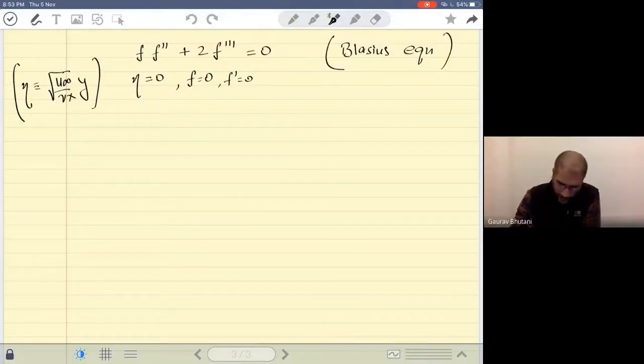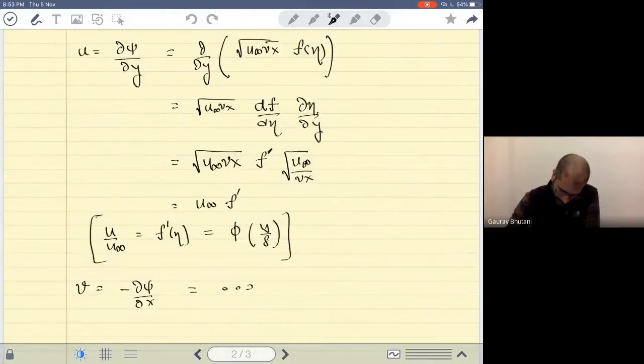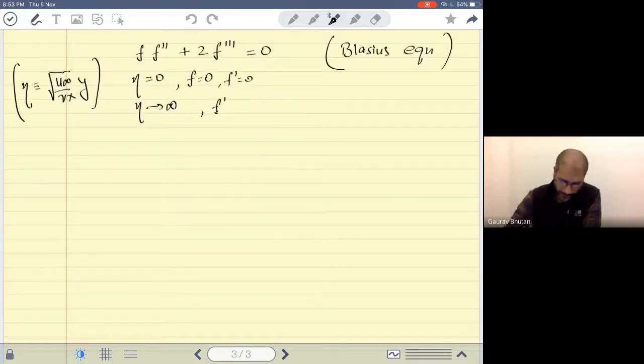The other boundary condition was for eta tending to infinity, inside the free stream region. There, f prime, which from this equation is nothing but u upon u infinity, is 1, because in the free stream region u is equal to u infinity.